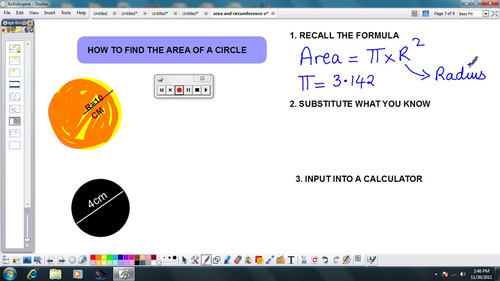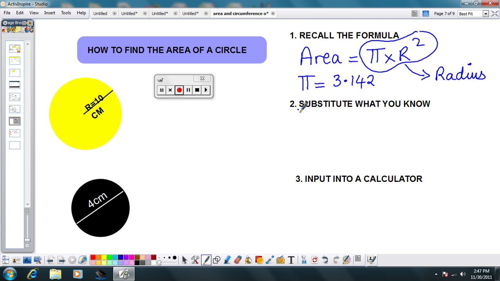So all we have to do now is take a look at our circle and ask ourselves, what is the radius of the circle? And as you can see here, the radius of our circle is 10 centimeters. So we're going to go ahead and use this number and substitute it into this equation here to find the area.